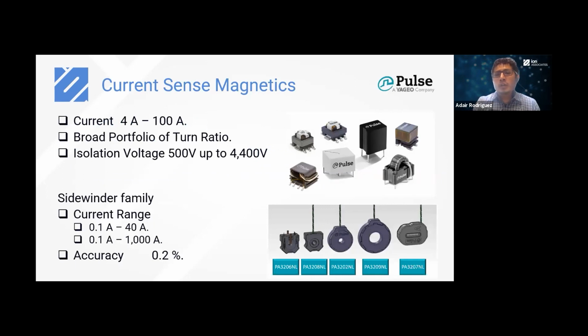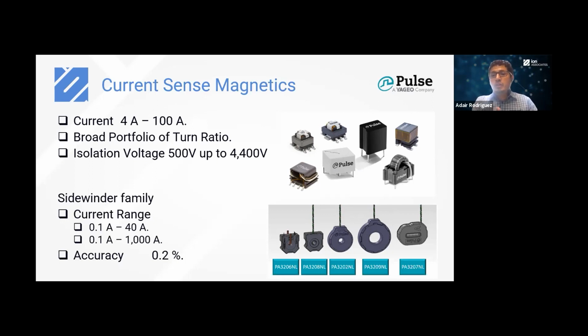With one of our partners, Pulse, we can help you with current sense magnetics. We will basically have two different options. Above, we can see solutions in SMD or through-hole package with the capability of measuring from 4 amps up to 100 amps.